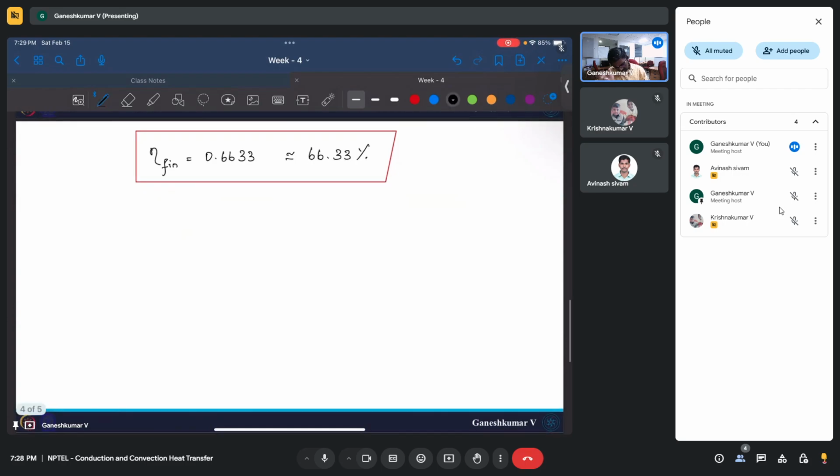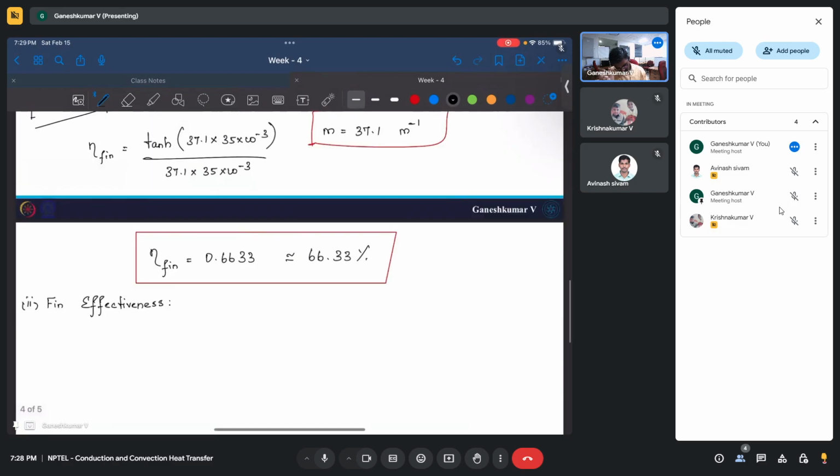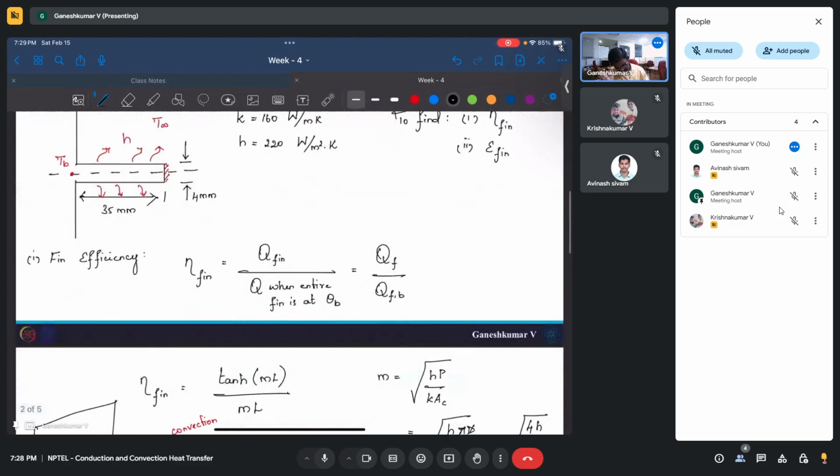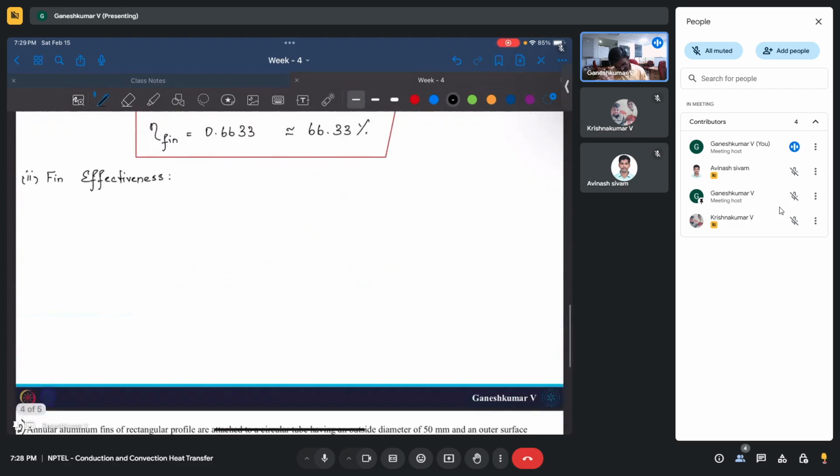All right. The second one is fin effectiveness. Now, if you want to find fin effectiveness, let's first write down the equation, or definition of fin effectiveness.